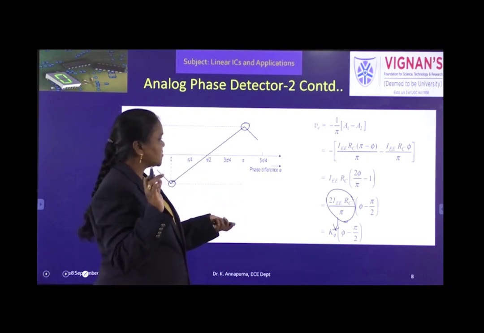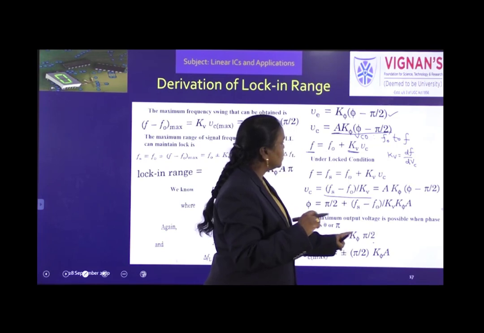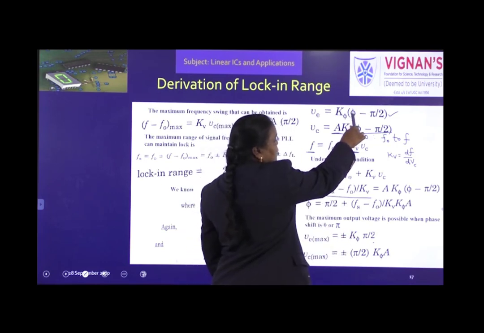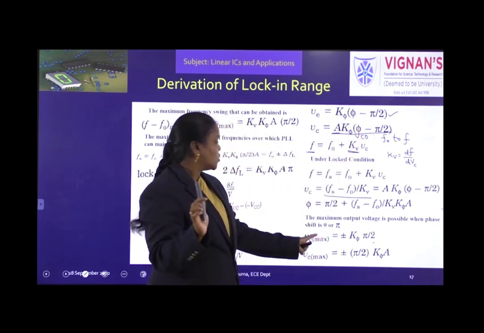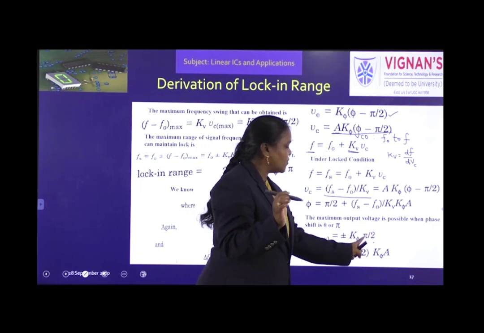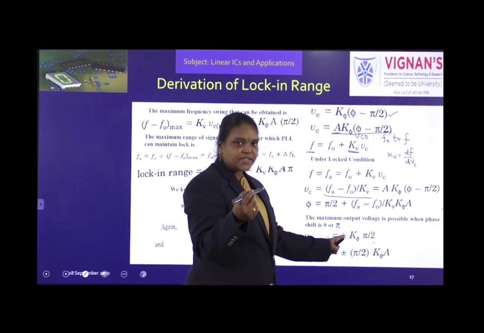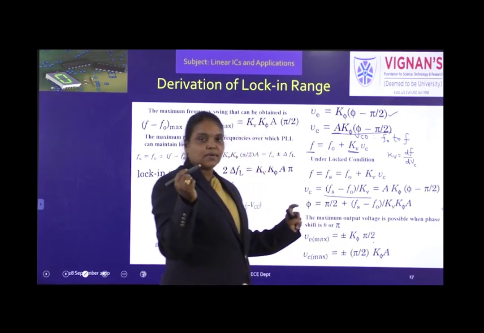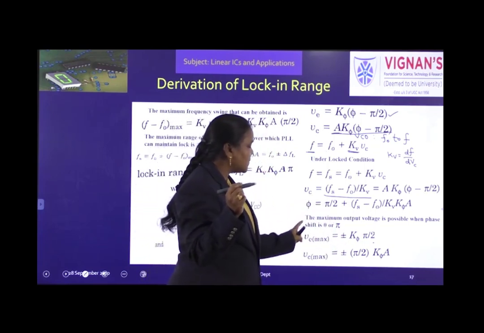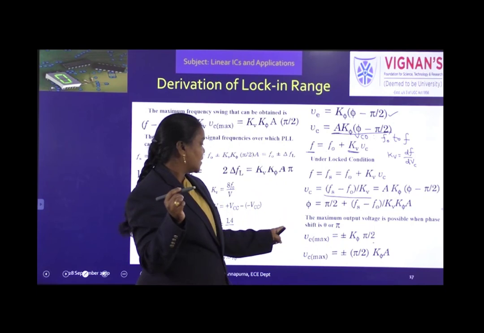So based on that, k phi into, if I substitute phi equal to 0 degrees, it is minus pi by 2. If I substitute phi equal to pi, then it is pi by 2. So in both cases I am getting pi by 2, but for the first case it is minus, for the second case it is plus. That's why plus or minus. Okay. So this is the maximum error voltage.